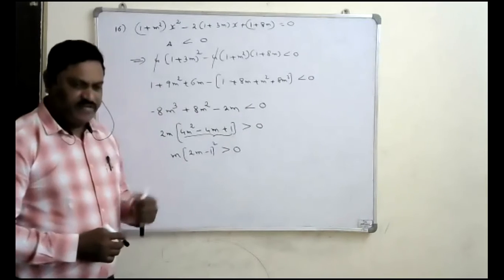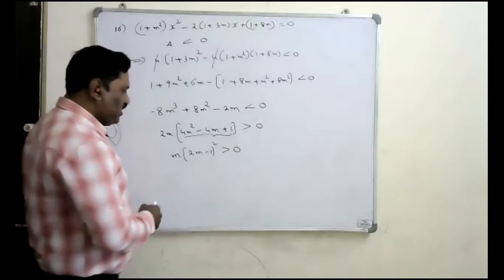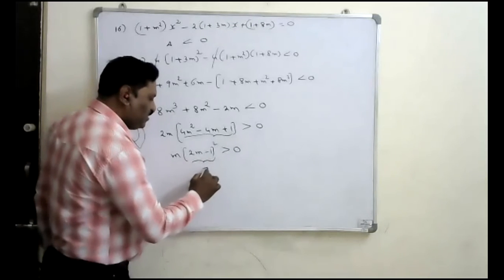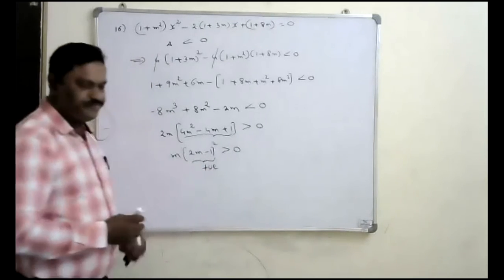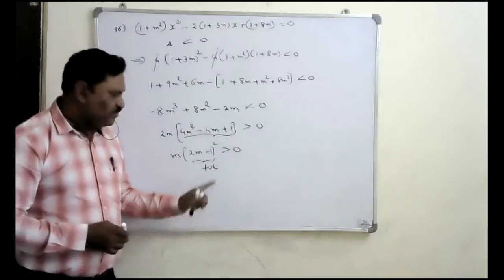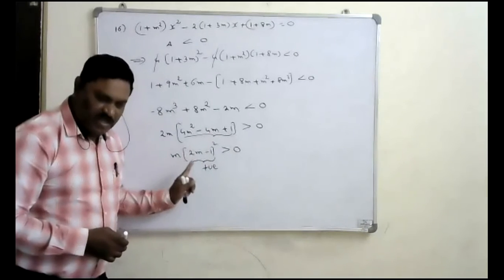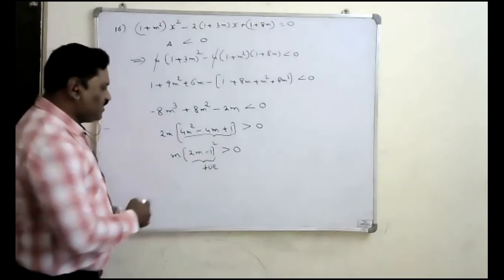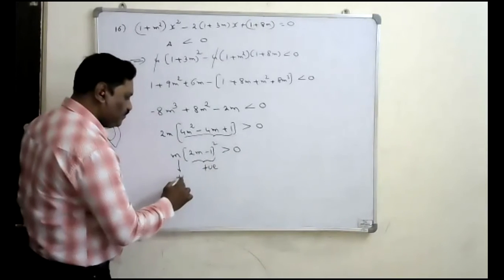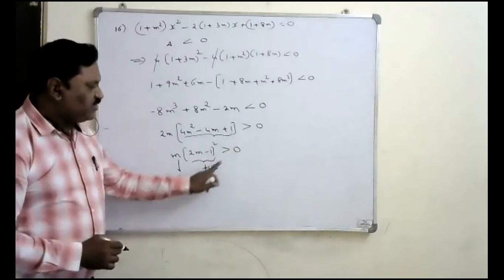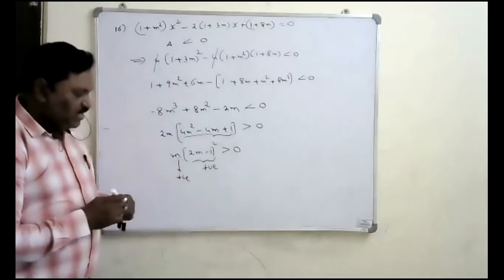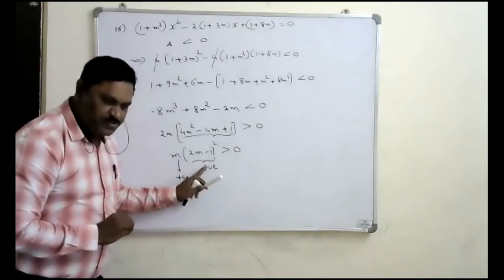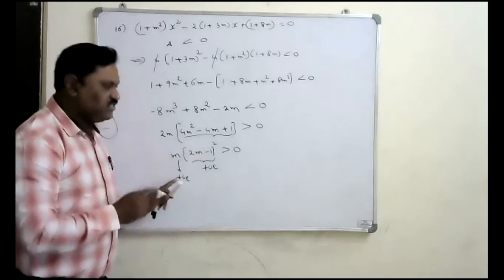Then how to solve this inequation? If you observe this, 2m minus 1 whole squared is there. For any value of m, this is a perfect square, so it is always positive. If this product is to be positive, then compulsorily m should be positive: positive into positive, then only it will become positive. That's why, since this term is positive for all the values of m, m compulsorily should be positive.